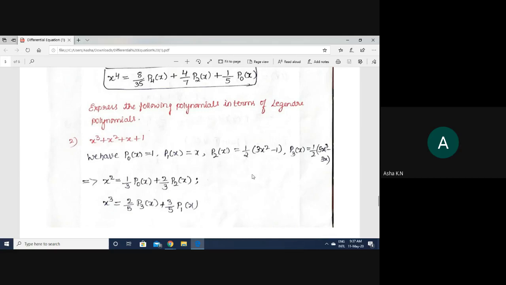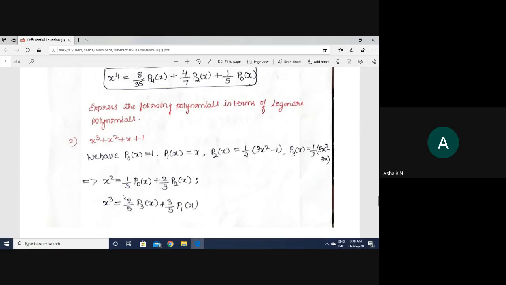X cube is there, so P3 is enough. What is x square? Using the P2 of x expression we have just derived x square. It is just cross multiplying, taking the terms to the other side and rearranging. Similarly, using the P3 of x expression, you will get the x cube expression.